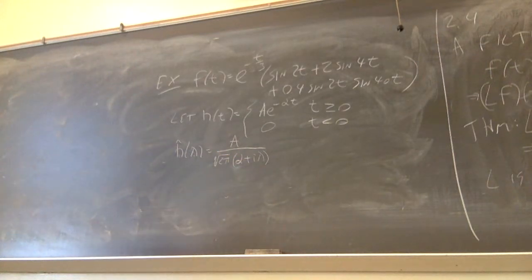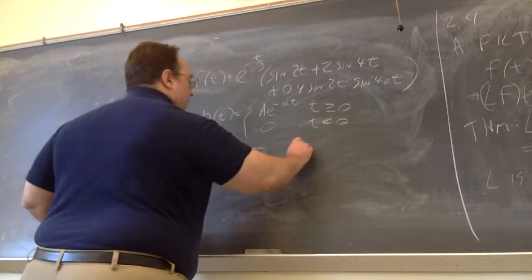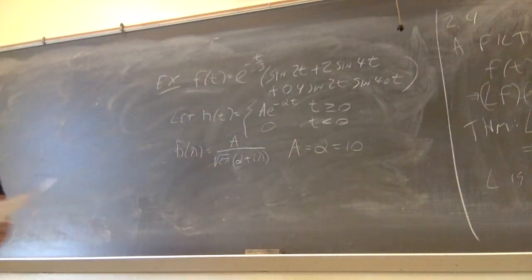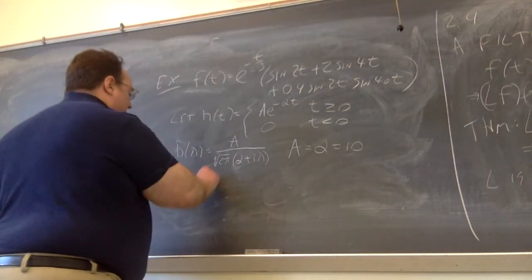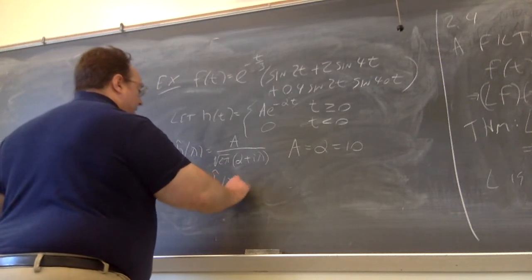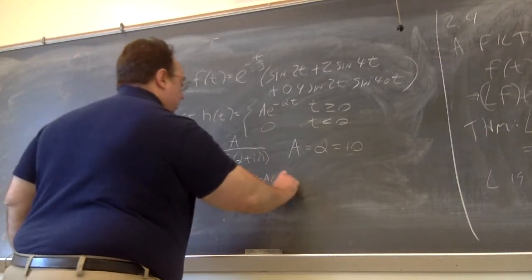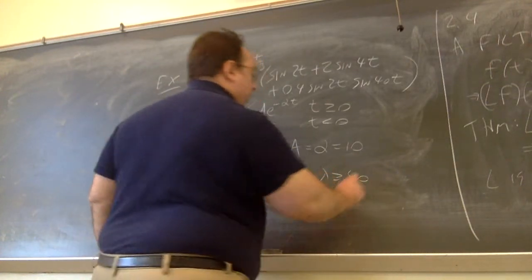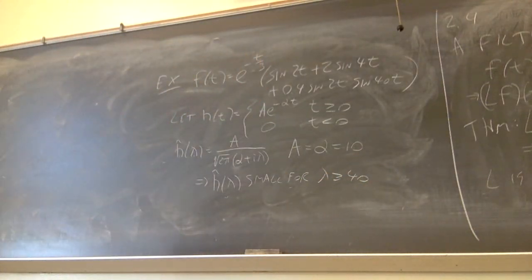Okay. So I'm going to choose a and alpha equal to 10. And the result of that choice is that h hat of lambda is small when lambda is at least 40.